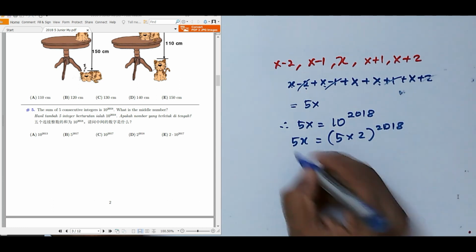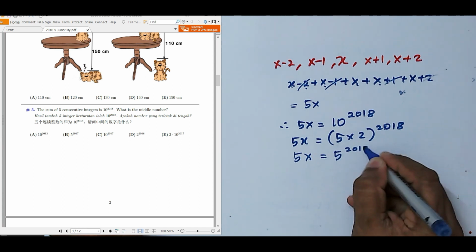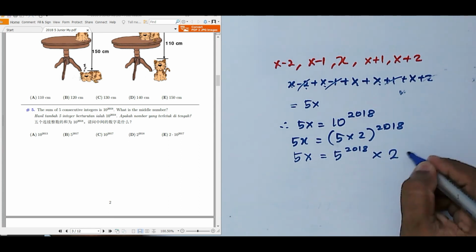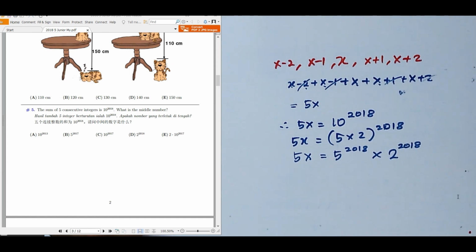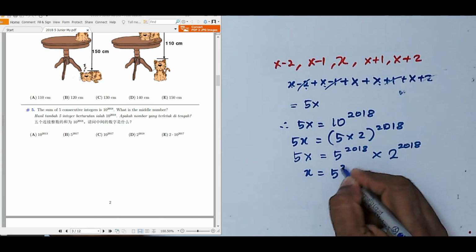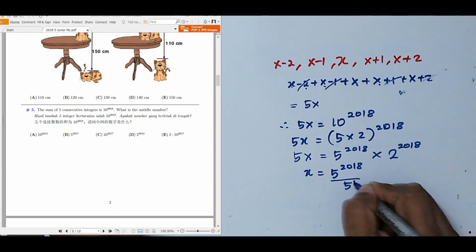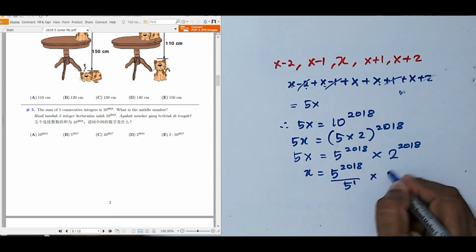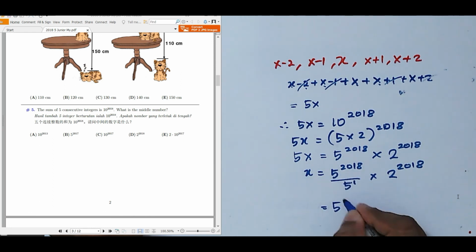So 5x equals 5 to the power of 2018 times 2 to the power of 2018. The 5 I bring to the other side, so it becomes 5 to the power of 2018 over 5, times 2 to the power of 2018. So 5 to the power of 2018 over 5 is 5 to the power of 2017, using indices, 2018 minus 1.